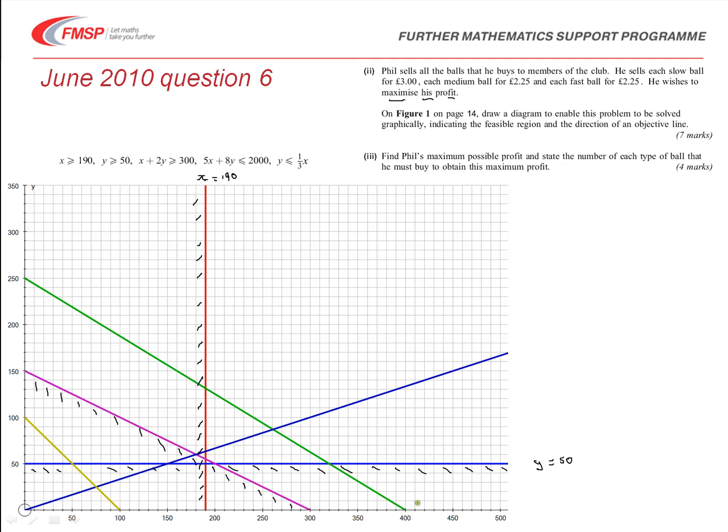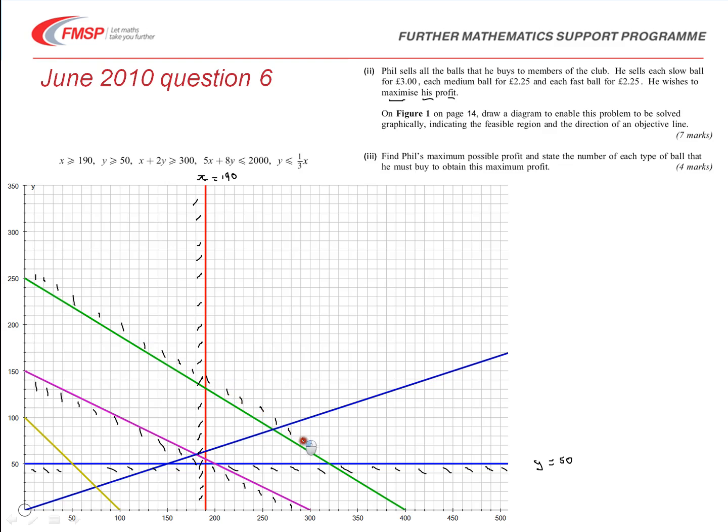There's the 400, 0 here, so it's the green line that we draw. Now we want it to be less than or equal to 2000, so the point 0, 0 fits that inequality. So we need to shade the opposite side of that green line, so we shade above it. And that removes that.